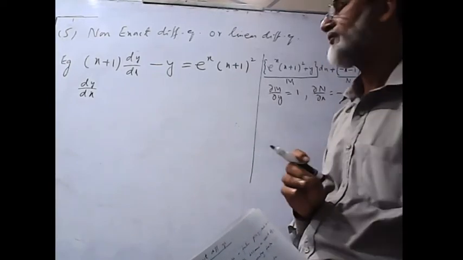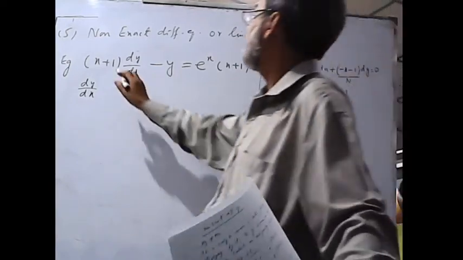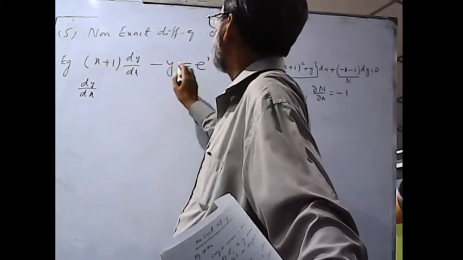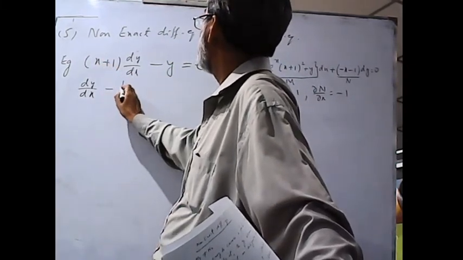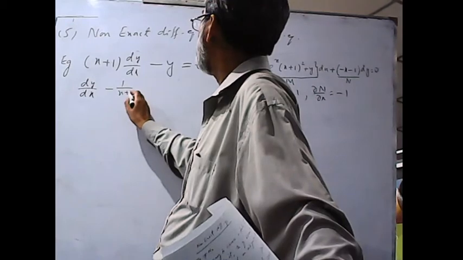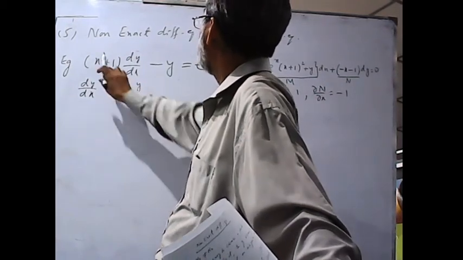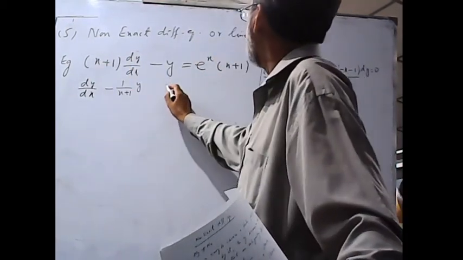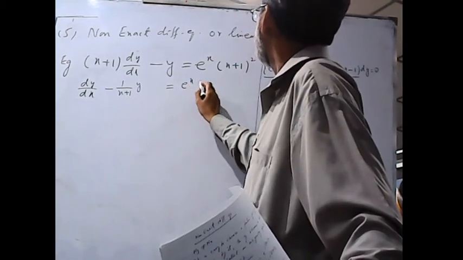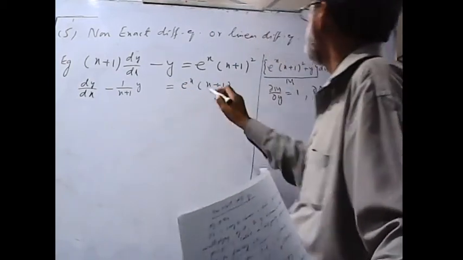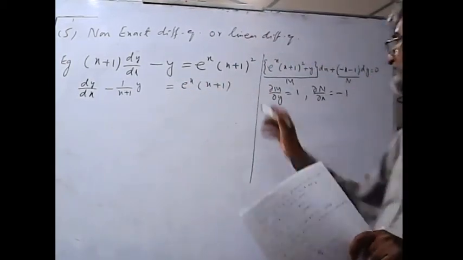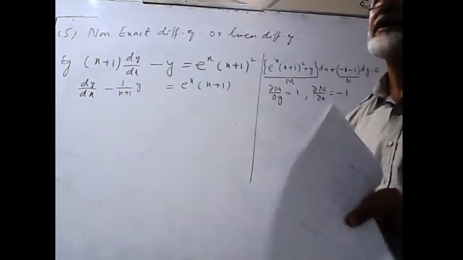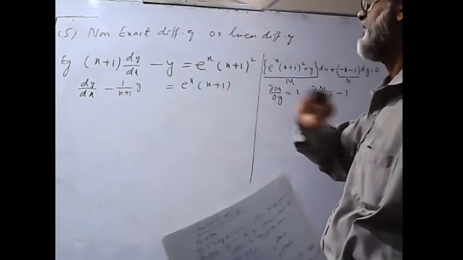Our dy by dx needs a constant coefficient, so we divide the whole equation by this factor x plus 1, then minus 1 upon x plus 1 times y, and on the right side, x plus 1 whole square divided by x plus 1 cancels the factor.